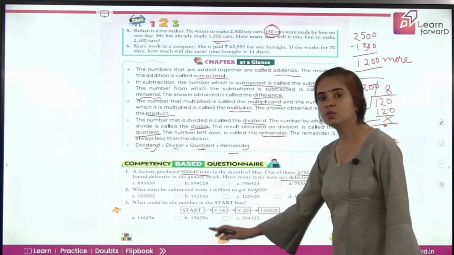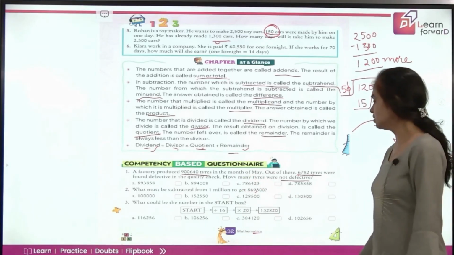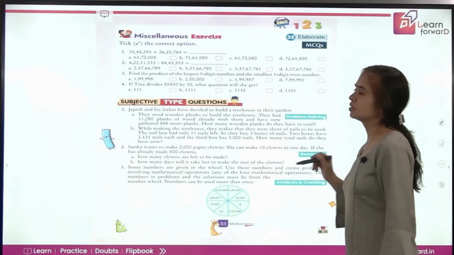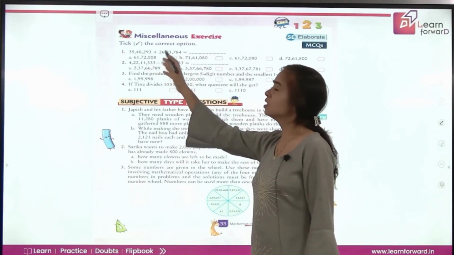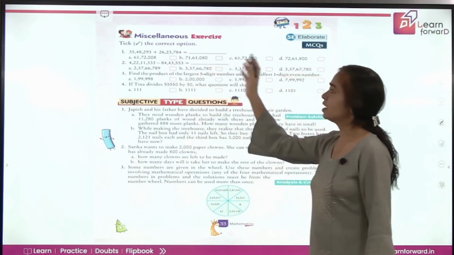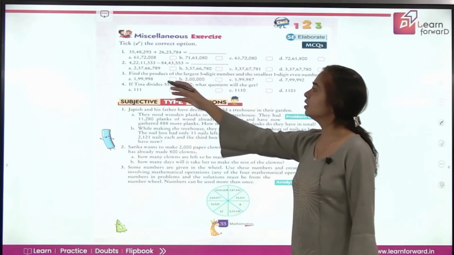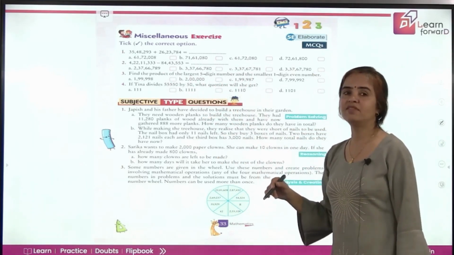Whatever answer you get, multiply it by 16 and you will get your answer here, right? We do the reverse process. Now, in your miscellaneous exercise, you have to pick the correct options. You have to add the two numbers and find out the answer. Subtract these, check what is the answer. Find the product of the largest 5-digit number. What is the largest 5-digit number?